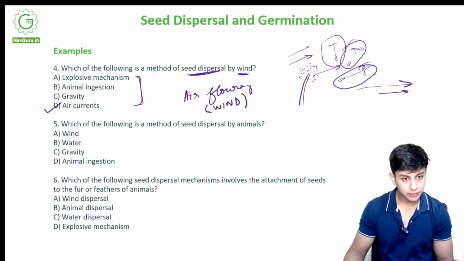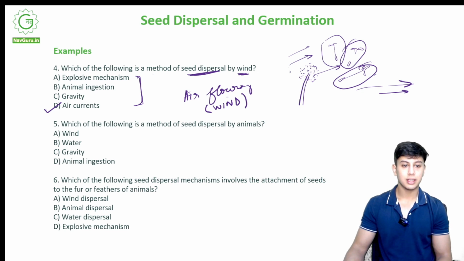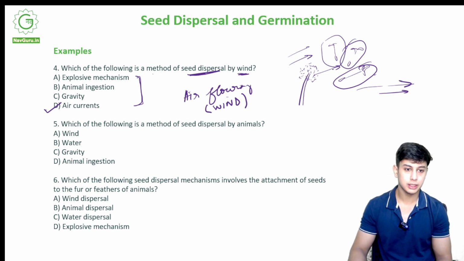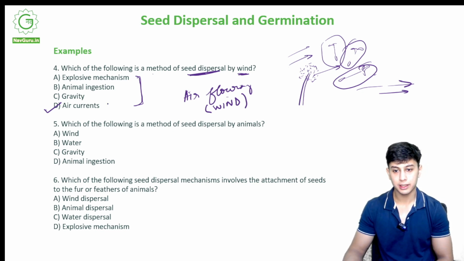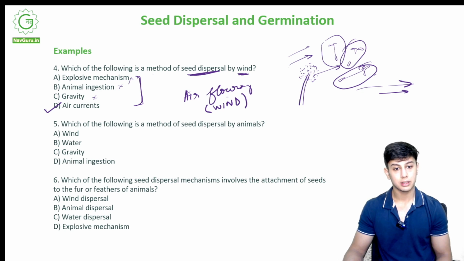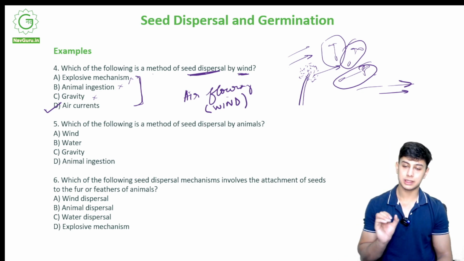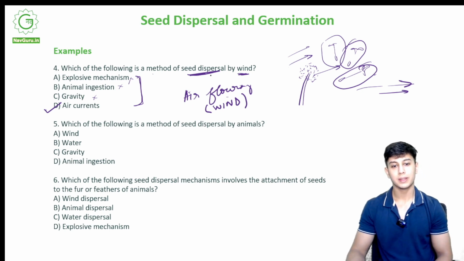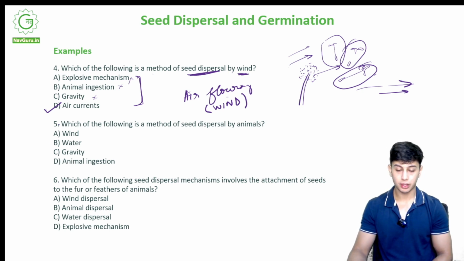It will take away the seeds with itself, and these seeds will land on some fertile soil and grow. So this is air currents, not gravity, not animal ingestion, and not explosive mechanism. Explosive would be the seed pod bursting open. This is just seed dispersal by wind.